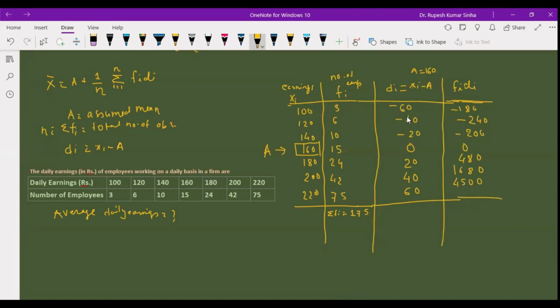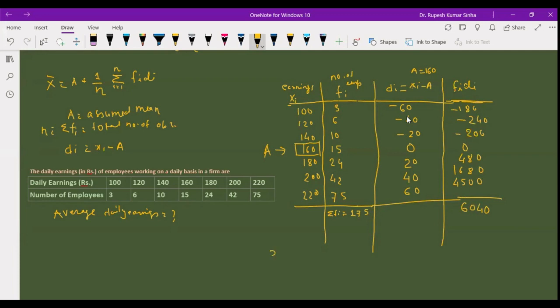Now we need the summation of Fi di, because for our formula you can see we need their summation. So if we add all these numbers, we are going to get how much? 6040.